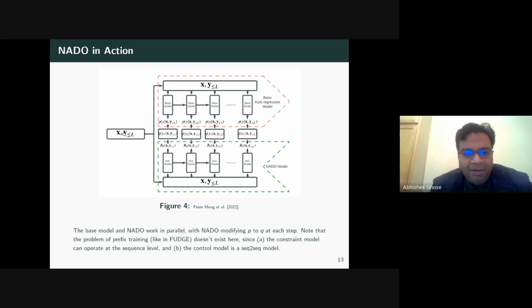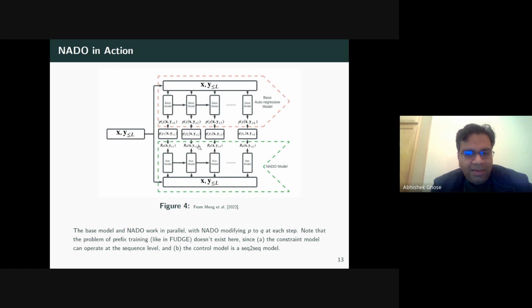So the way you would execute this is, you have the base language model on the top. It's an autoregressive model. So at every instance, it produces p of y given x, y1, y2, y3, all the way till yl, conditioned on that. And you also run your NADO model in parallel, where you keep producing the alignment given x and the corresponding partial y that you have created.